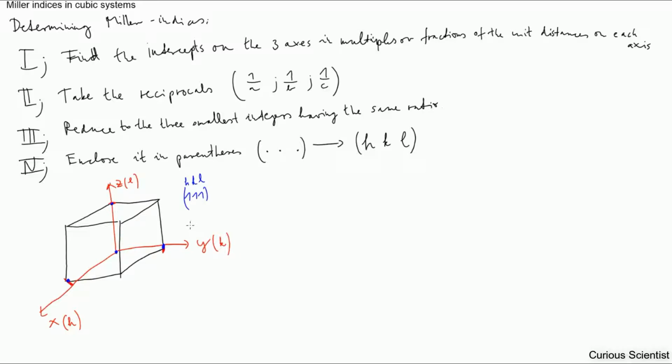And then we just connect these three dots. These are not body diagonals, but they go on the face of the cube, like this, and this also. So this plane here is the 1, 1, 1 plane.